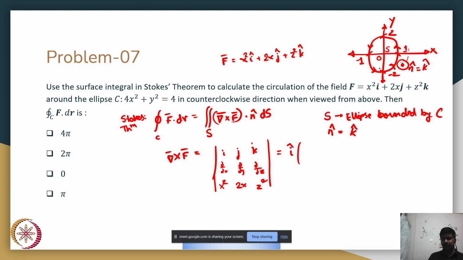I'll just write this whole thing down. Dou by dou x of 2x is 2. Dou by dou y of x square is 0. Plus j hat times dou by dou z of x square is 0. Dou by dou x of z square is 0. Plus k hat times, oh, this should be k hat, sorry. Dou by dou z of z square is 0.